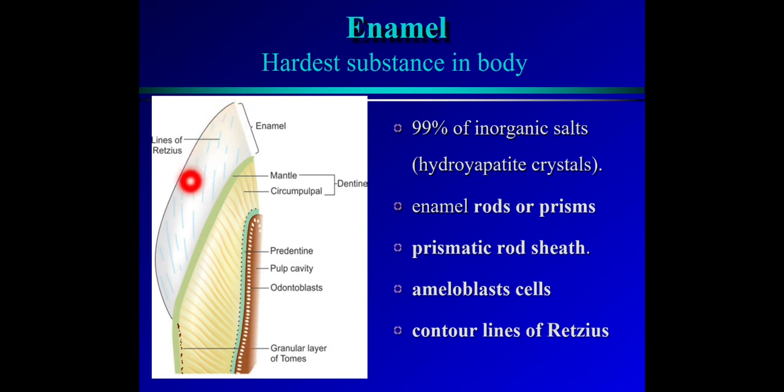These are the lines showing the formation of the enamel. These are called the contour lines of Retzius. They are at right angles to the dentine tubules and the hydroxyapatite rods or prisms.